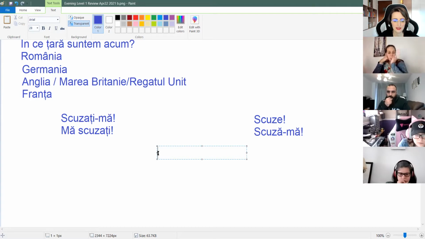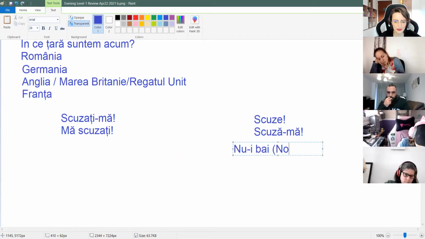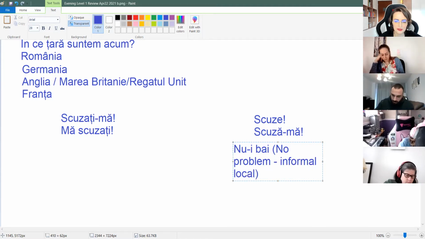If you are a Transylvanian like me, you might say, "Nu-i bai." This is informal Transylvanian. No problem. Informal, local, in Cluj, and in the rest of Transylvania.